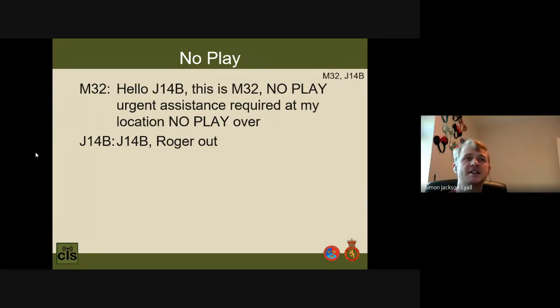So you can see in this instance, the message that is not part of the exercise that needs to be transmitted is that Juliet 1-4 Bravo needs to come to Mike 3-2's location because they require urgent assistance. Maybe Juliet 1-4 Bravo is the ambulance or your safety vehicle, and so it's being called over.